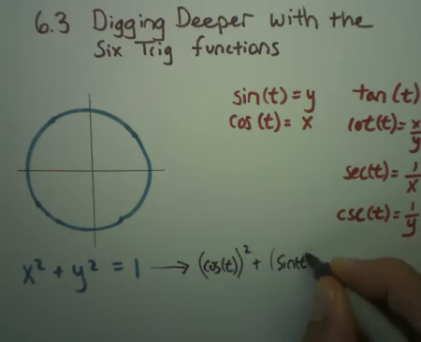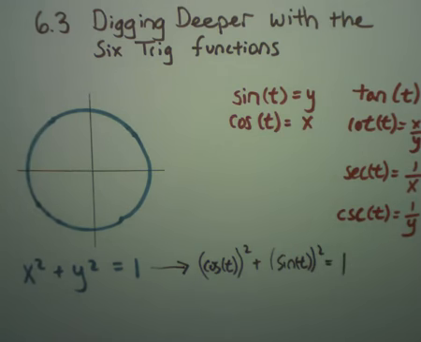So cosine squared plus sine squared will always equal 1, which means if you know the cosine of some angle, you should be able to use this equation to figure out the sine of that angle.